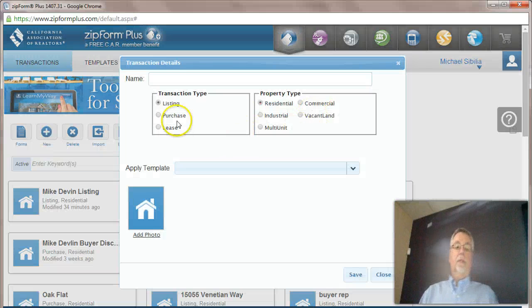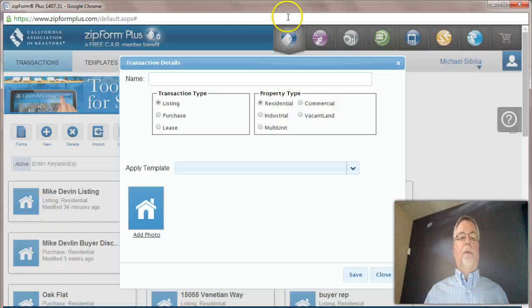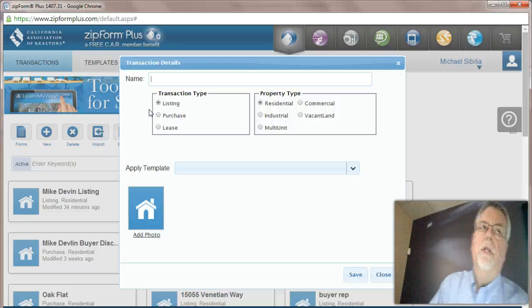I've already done this. But what I would suggest that you do to begin with is create a transaction called listing template, clicking on the listing button. And then from that list that I gave you, add all those forms in.